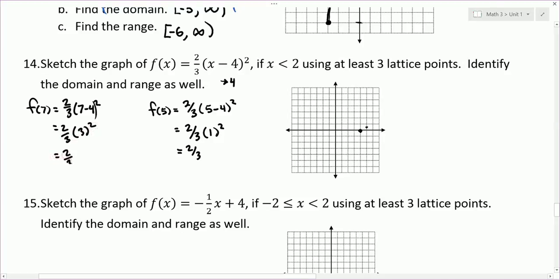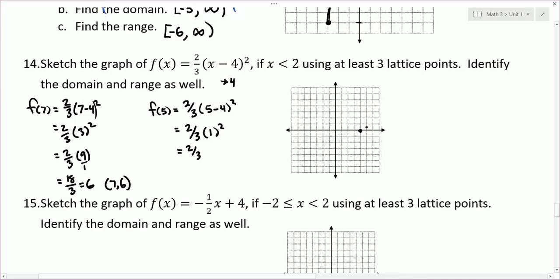So we end up with 2/3 times 9. When you multiply a fraction times an integer, you can view that integer as a fraction as well. You multiply numerator with numerator, denominator with denominator, you get 18/3, which reduces to 6. So 7, 6 is a lattice point.